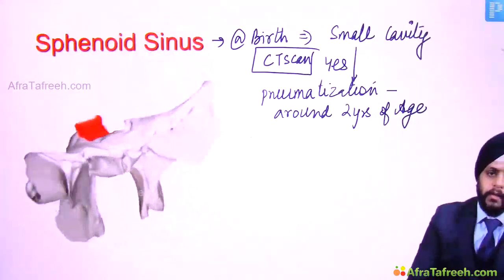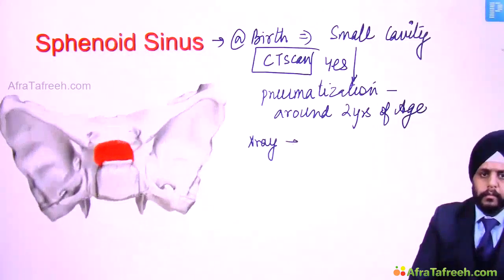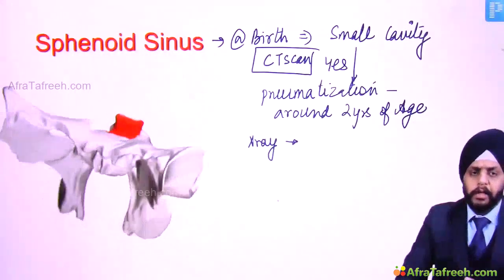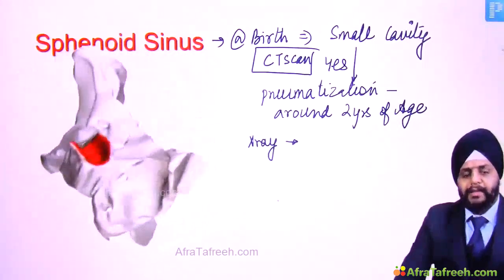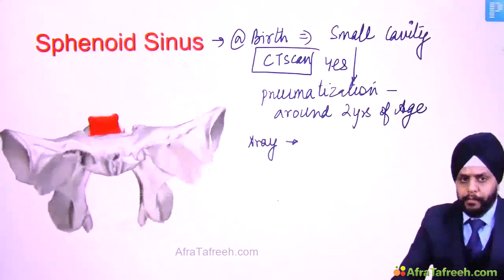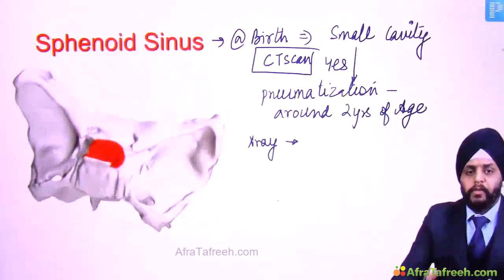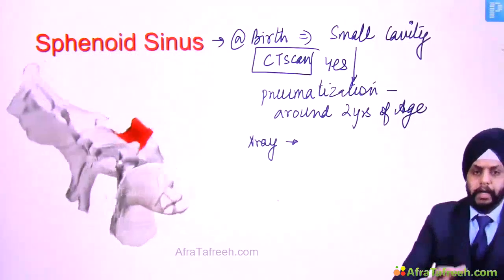Now when can we see this on a plain X-ray? The sphenoid sinus is an air-filled cavity in the center of the skull. This cavity has to grow big in size so that it is clearly visible on a plain X-ray, so it will take time.